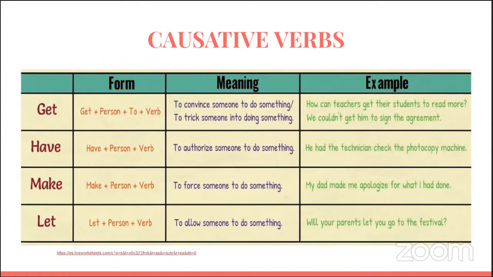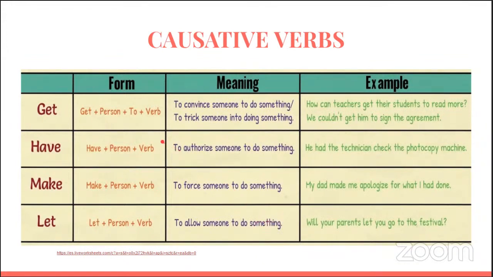And let is also going to be followed by a person and a verb. And the meaning is to allow someone to do something. And here we have the example. Will your parents let you go to the festival? Yes.